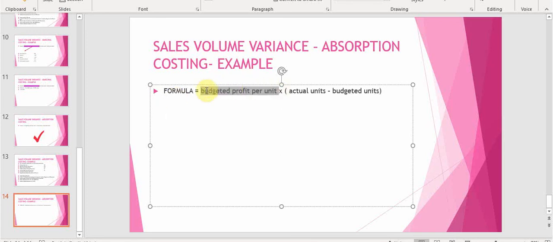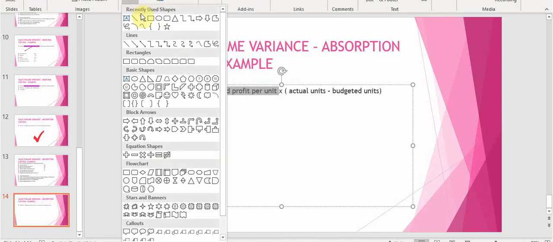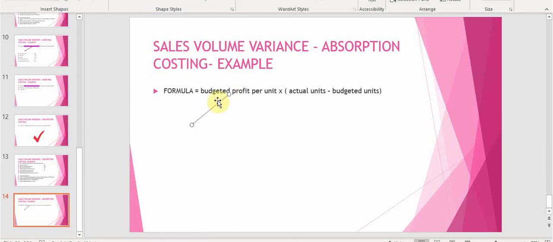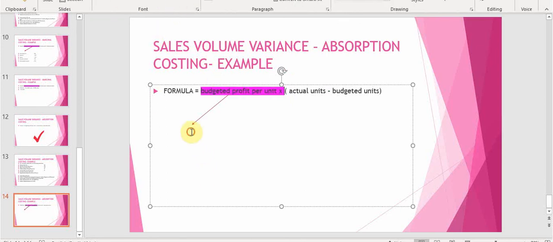So in calculating this budgeted profit per unit now, I am just inserting my shapes and nice things again so that you can follow my explanation. The budgeted profit per unit is now calculated as your budgeted sales price for a unit. I believe that was 62 Rand.